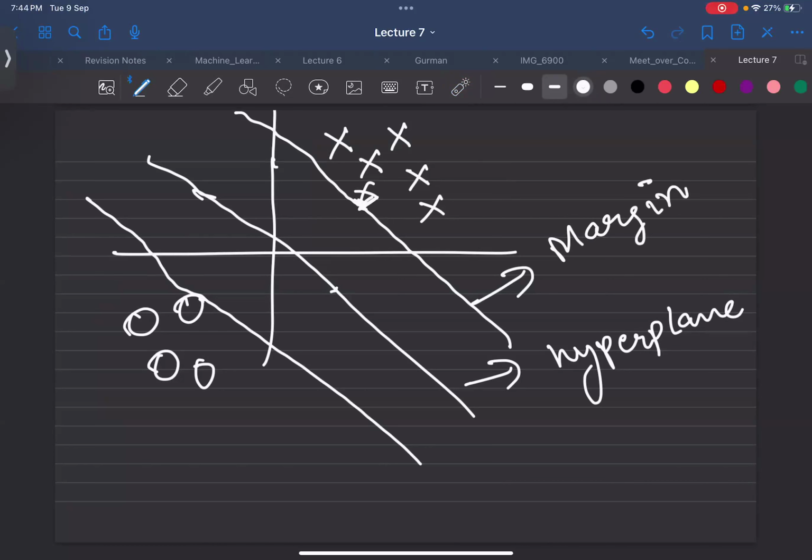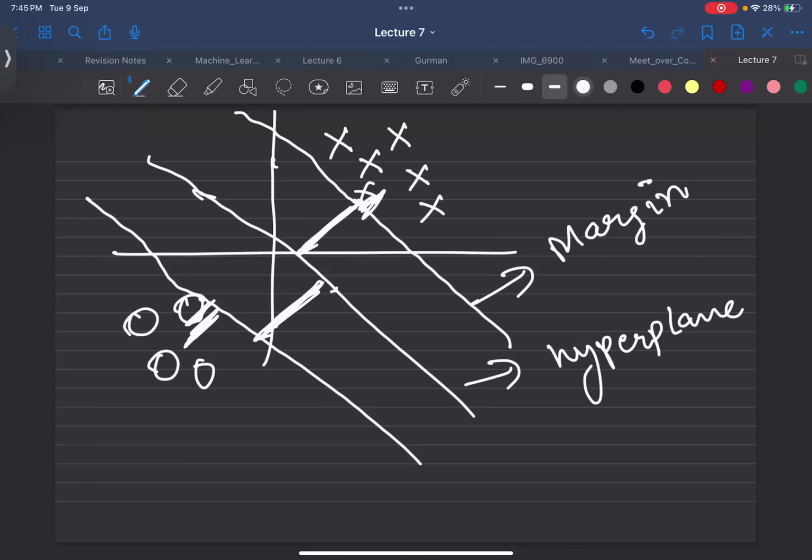I want this to be far away from the boundary, which means this margin, this thickness, should be as large as possible. Margin means the thickness of the slab. One more condition is that they are equal on both sides.